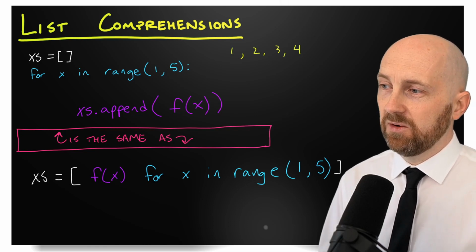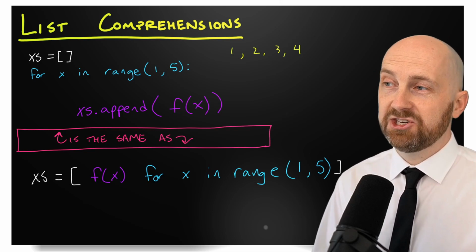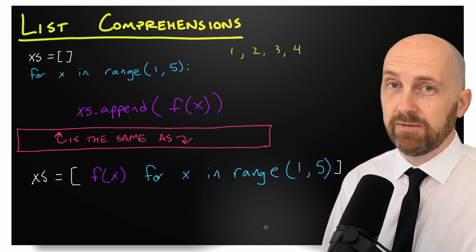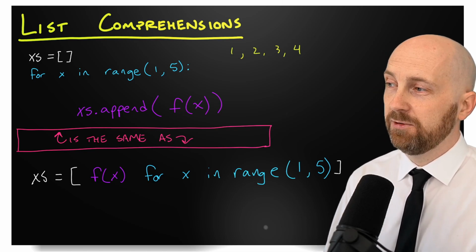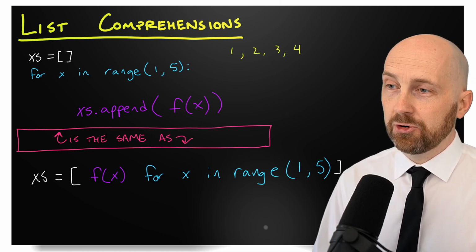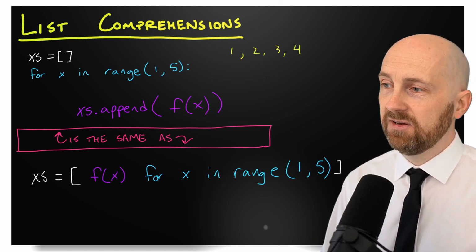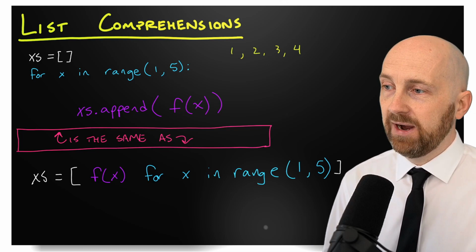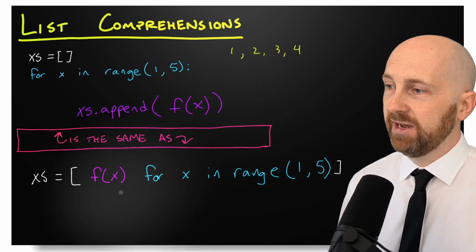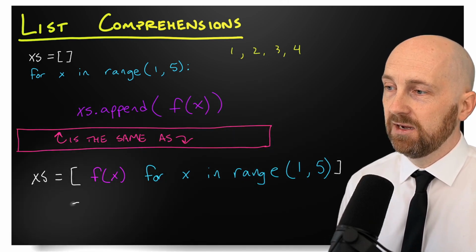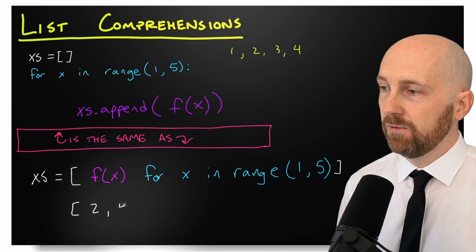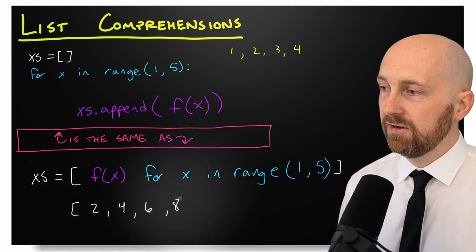This is one that will loop through each x in the range of 1 through 4 inclusive, or 1 through 5 exclusive, and call the function f for each element and build a list from that. So after this completes, the list xs would be 2, 4, 6, and 8, just like above.